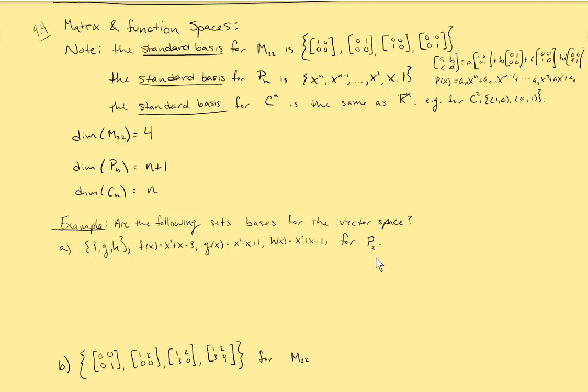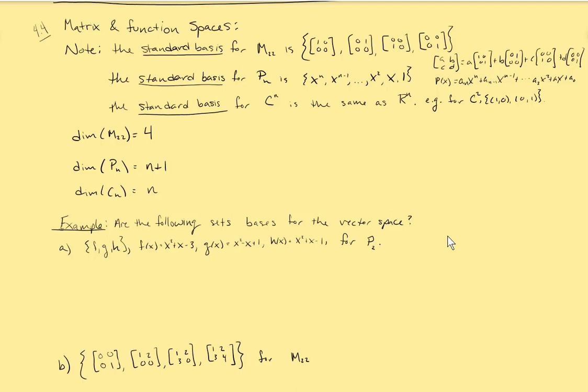We don't have to check both. So for something like this, since 3 is the number of vectors we expect to form a basis of P2, because that's the dimension of P2, all we have to check is the linear independence of these 3. So I'm going to check that.